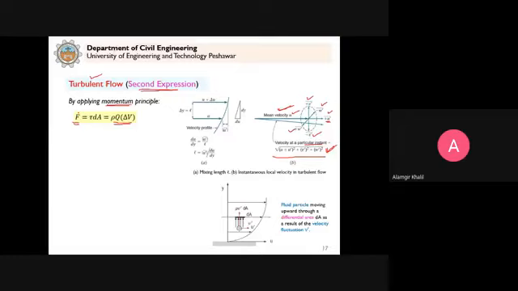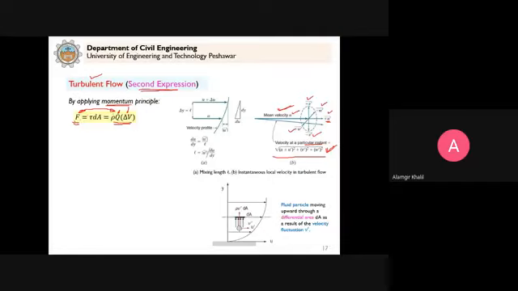It says that forces in fluid flow are equal to the rate of change of momentum, and for fluid flow, this rate of change of momentum is equal to rho Q delta V. Rho is the density, Q is the discharge, and delta V is the change in velocity, final velocity minus initial velocity.